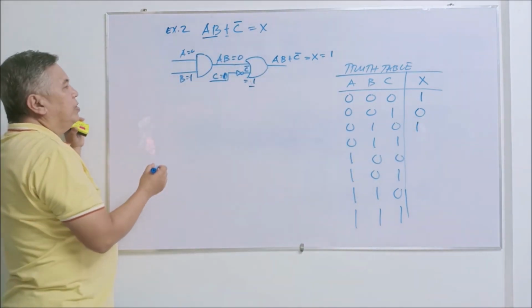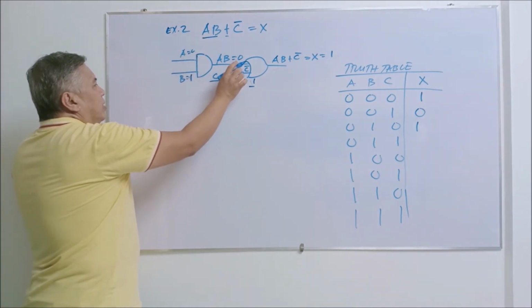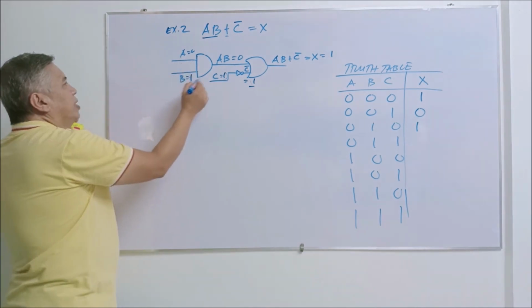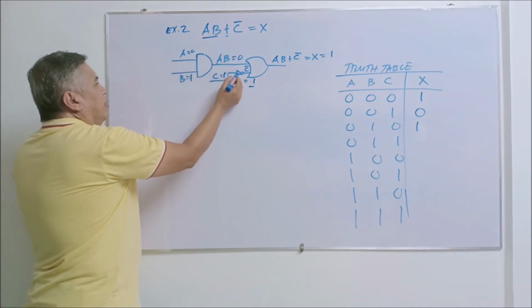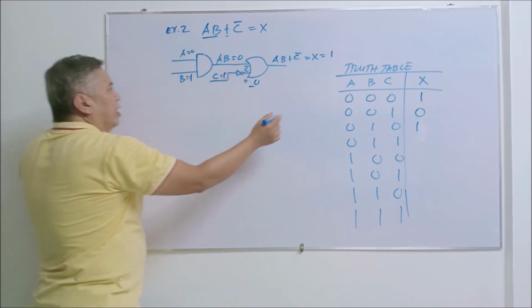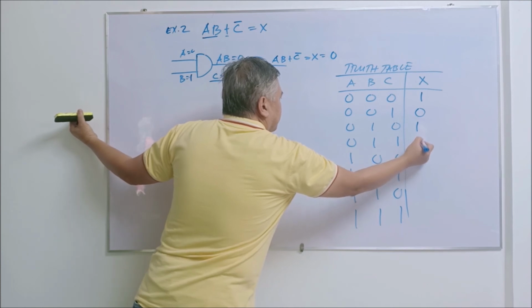And then you have 0, 1, 1. C is 1 also. So you have 0, 1 is 0. 1 invert, this becomes 0. 0, 0 for the OR gate is 0.